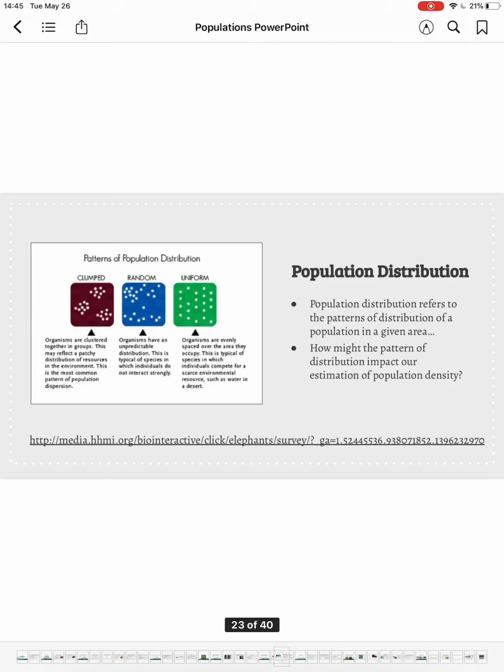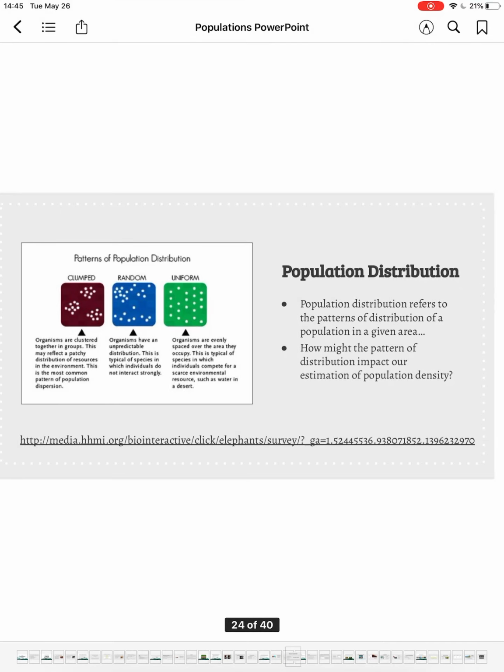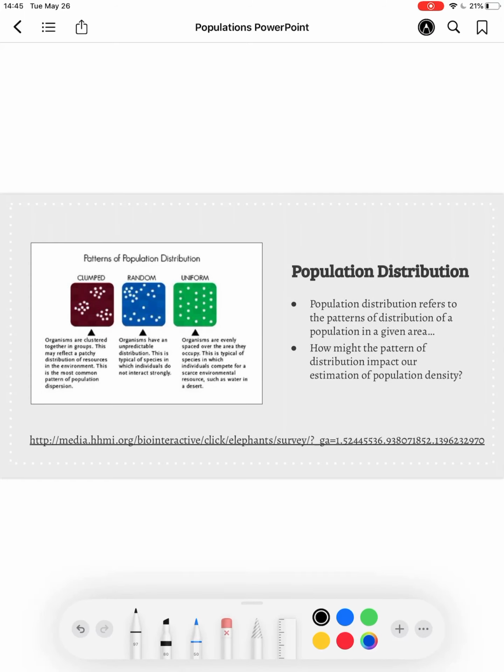All right, so as far as population distribution, how populations are spread out, we've got clumped, uniform, and random. So clumped, you can see in this picture here that it tends to be in little sections. They're clumped together, and this is pretty realistic for life.